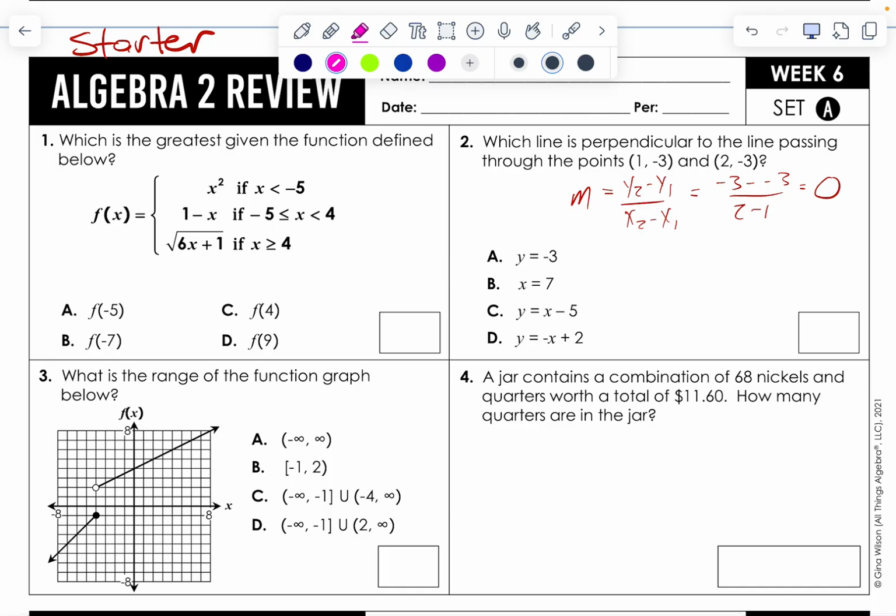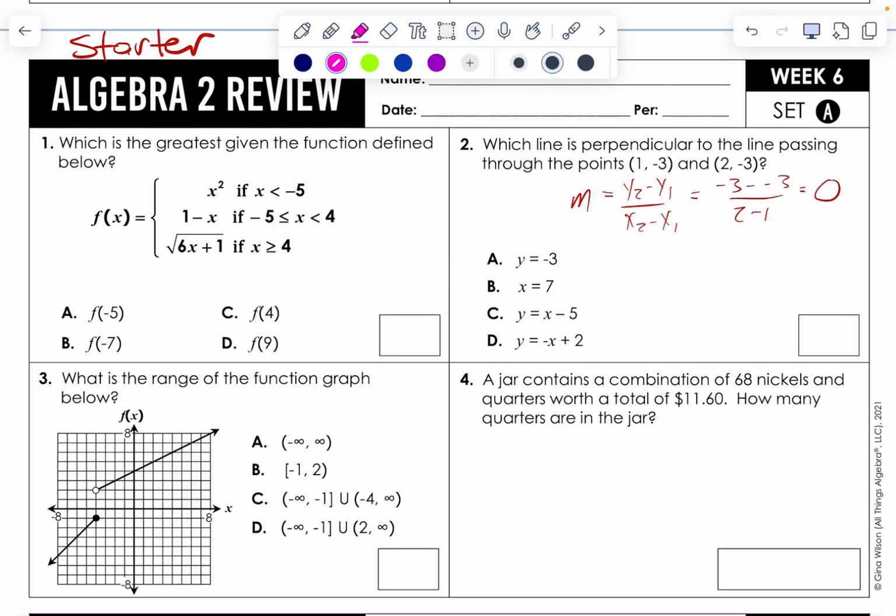Anywhere left of -5, it's going to look like the left arm of a parabola. And then between -5 and 4, it's going to look like a line with a downhill slope. If I start sketching this, over here it's going to be the left arm of a parabola, like I said.